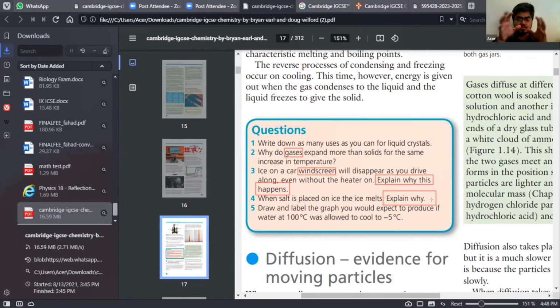Exactly, that's how this is. You are pushing sodium and chlorine atoms between water molecules. So they are creating space, and creating space means getting converted into liquid. Okay.